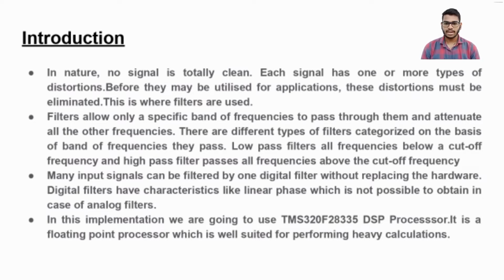Digital filters have characteristics like linear phase, which is not possible to obtain in case of analog filters. In this implementation, we are going to use TMS320F28335 DSP processor. It is a floating point processor, which is well suited for performing very heavy calculations.